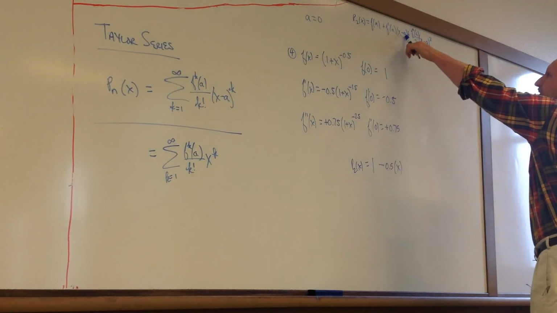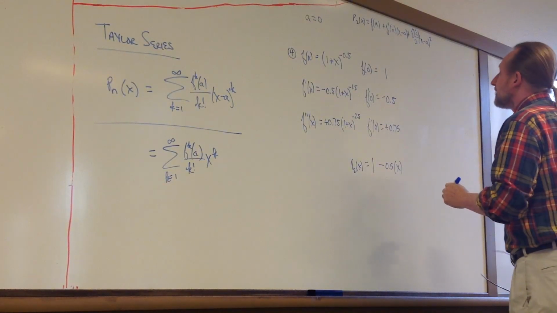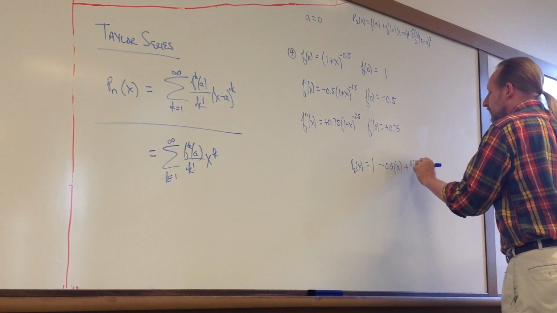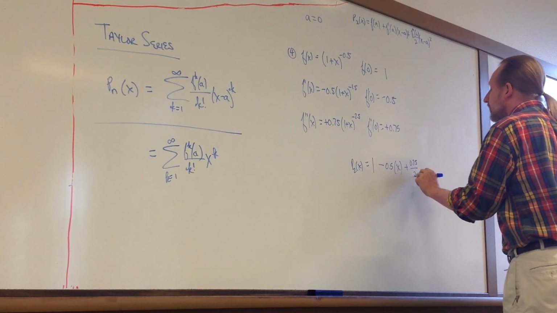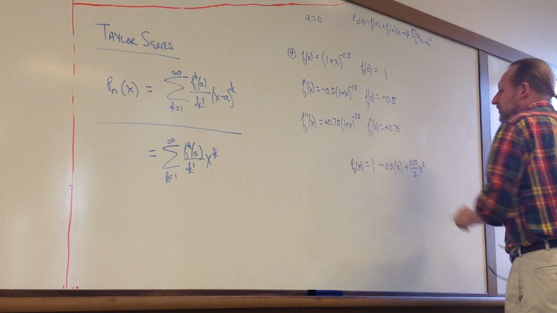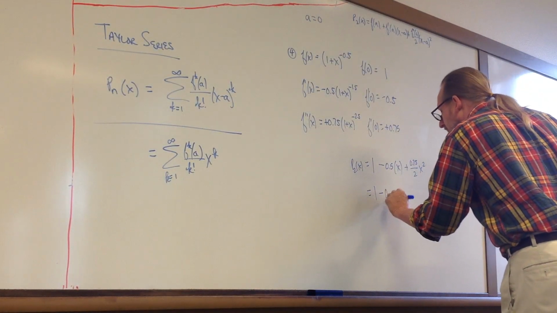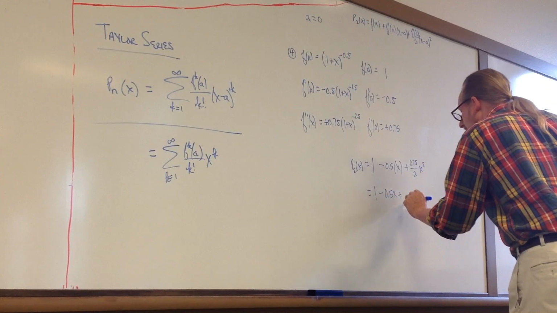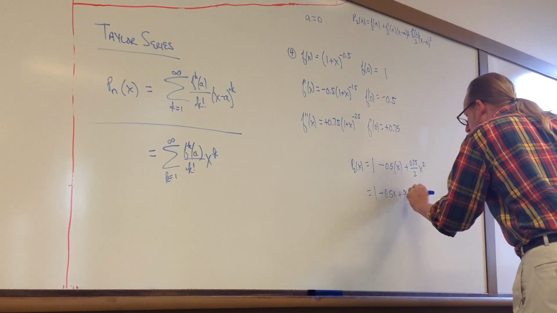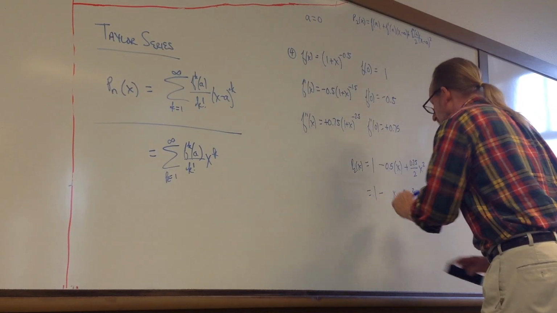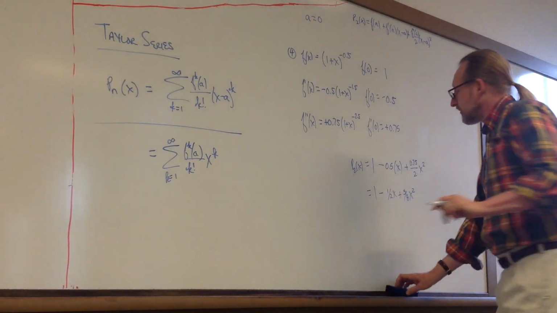Remember, because a is 0, we don't have to do x minus a. And then plus 3/4 over 2 x squared. So 1 minus 1/2 x plus 3/8 x squared. I'll switch to fractions, they're a little bit easier.